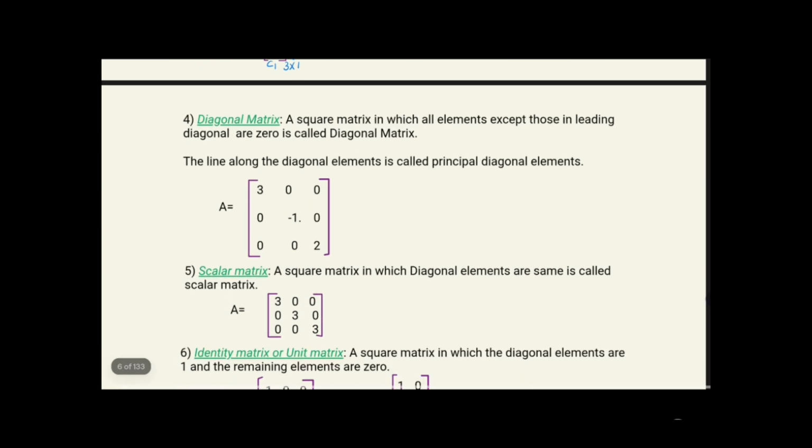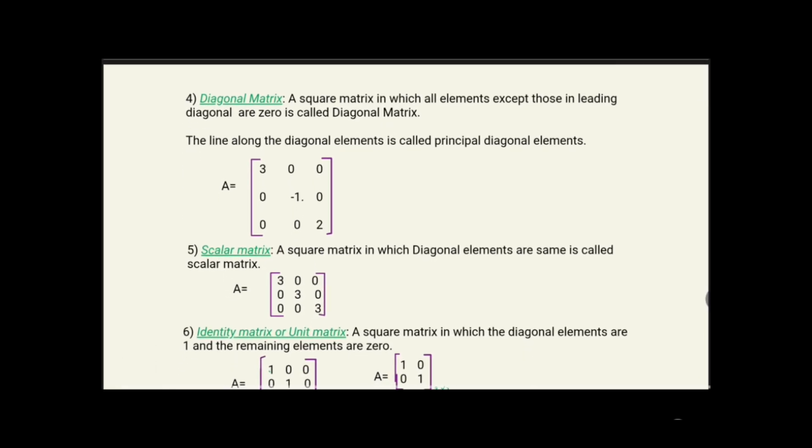Now coming to the next type of matrix, it is the diagonal matrix. Let's see the definition. A square matrix in which all elements except those in the leading diagonal are 0 is called a diagonal matrix. Let me simplify this sentence. Except the diagonal elements, the remaining elements are all 0.